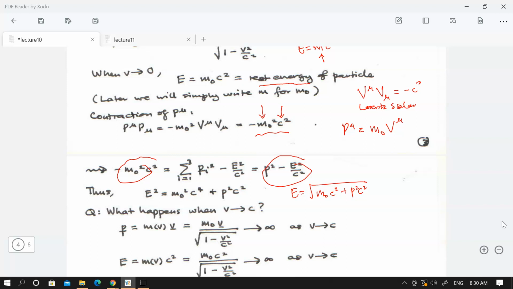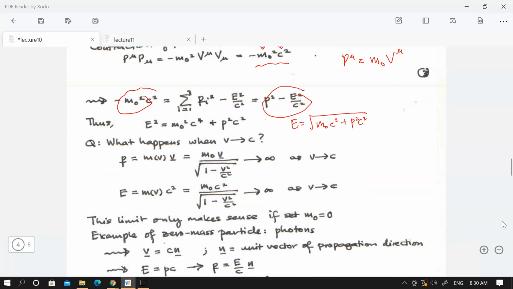Okay. Now, it's not as easy as that. One has to also check what actually happens in certain special cases. In this particular case, let's check when the velocity of the frame goes to the speed of light. Then you'll see that over here, your three momenta is given by your velocity dependent mass times v, and the velocity dependent mass has this relativistic factor over here.